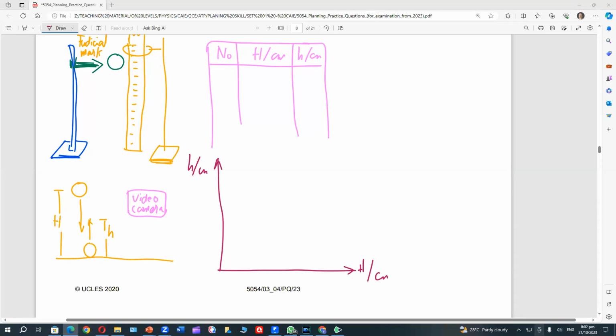Record all the values in a table and plot them on a graph.